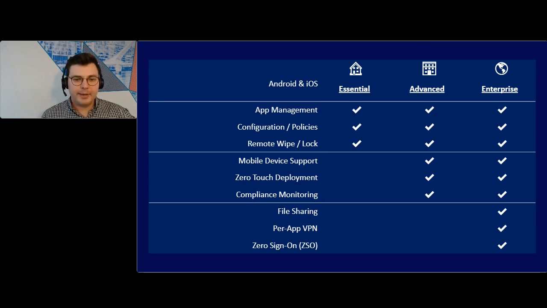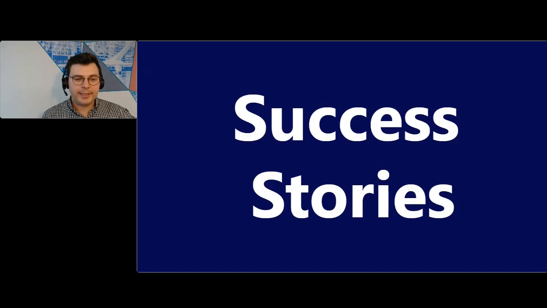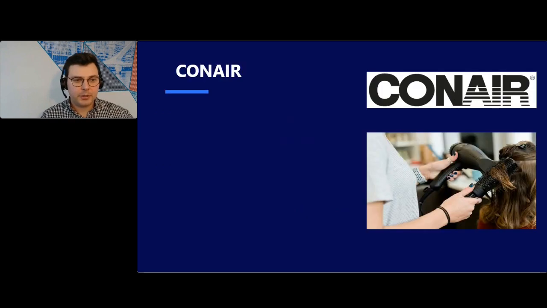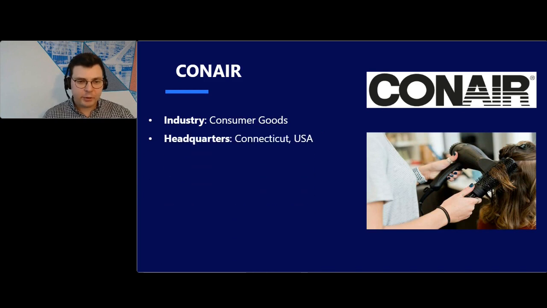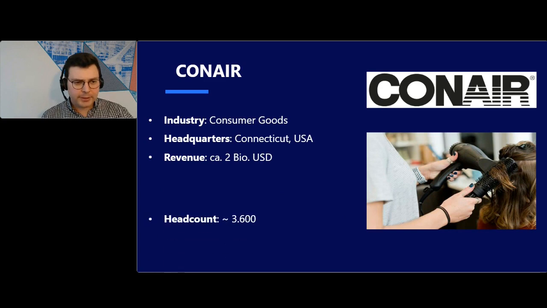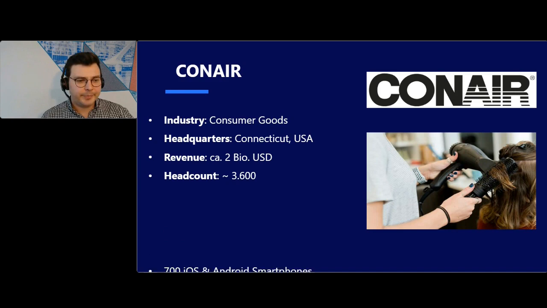Okay, let's get to the success stories. So businesses who are already using the Ivanti solution. First up, we have Conair. You might know the brand. They produce consumer goods like hair dryers and stuff like that. They're located in Connecticut in the USA, have a revenue of about $2 billion yearly and about 3,600 employees.